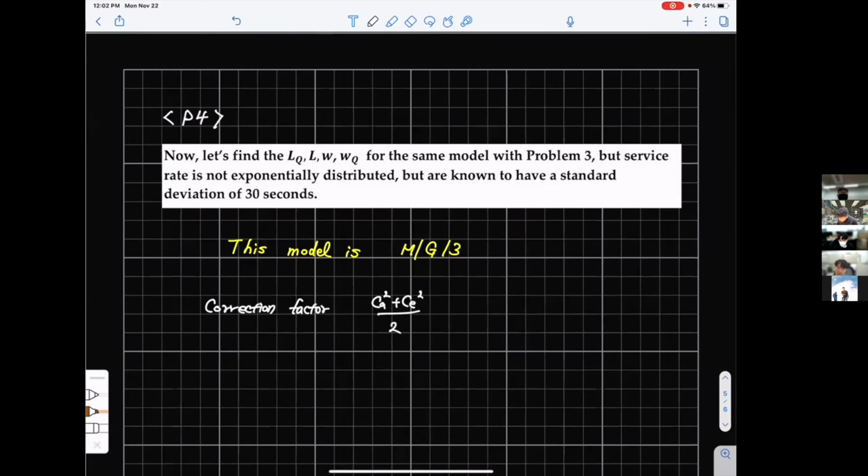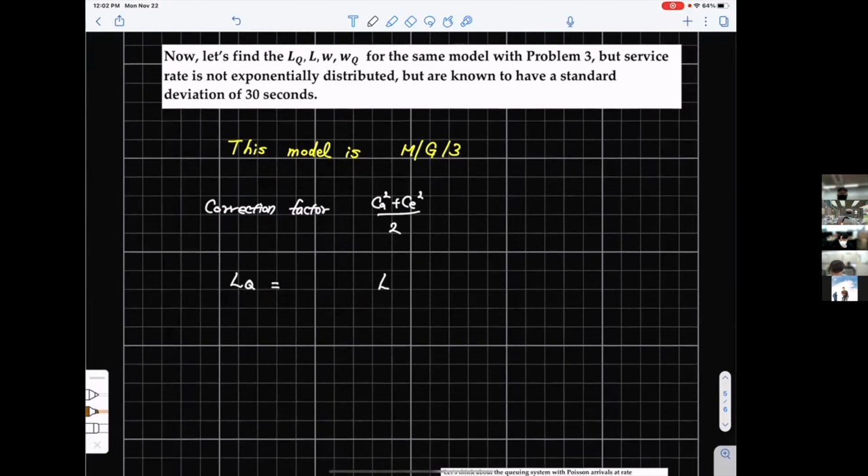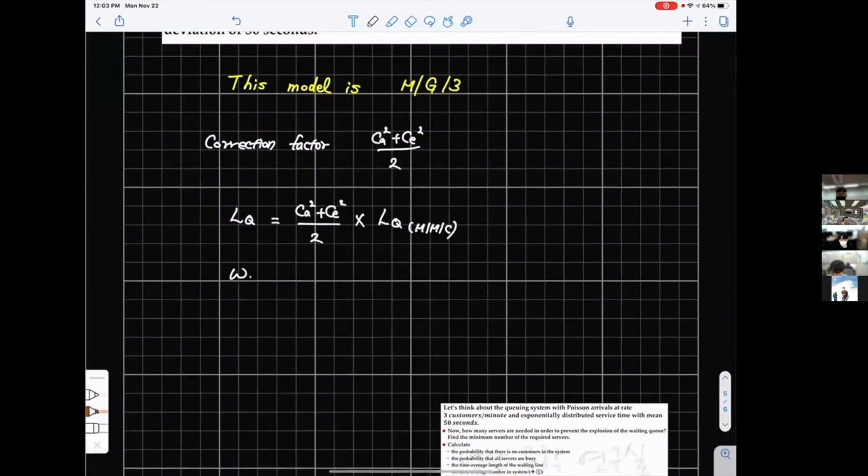So by multiplying these values to the queuing cycle time and queuing WIP, the LQ of this model can be like this, and also WQ can be calculated.